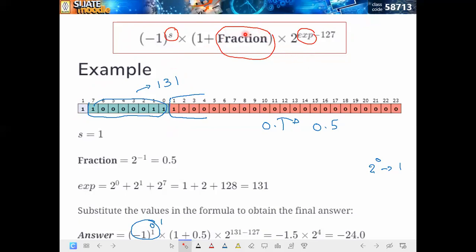What is the fraction? You can find the fraction from here. It's in binary value. You can convert that binary value into decimal value. Then find the exponent in here, in binary value. You can convert it to the decimal value and apply it to the formula. Then that's it. You will get the answer.